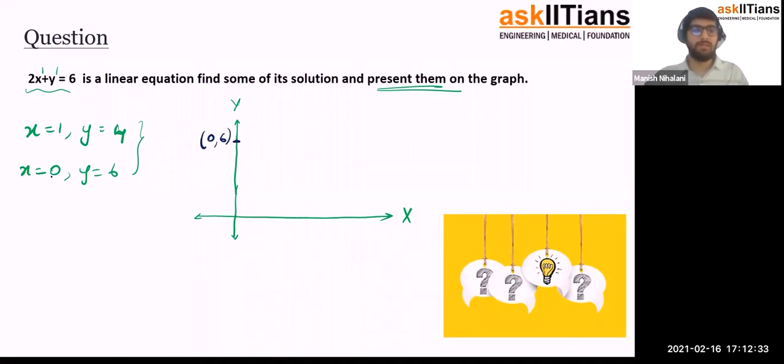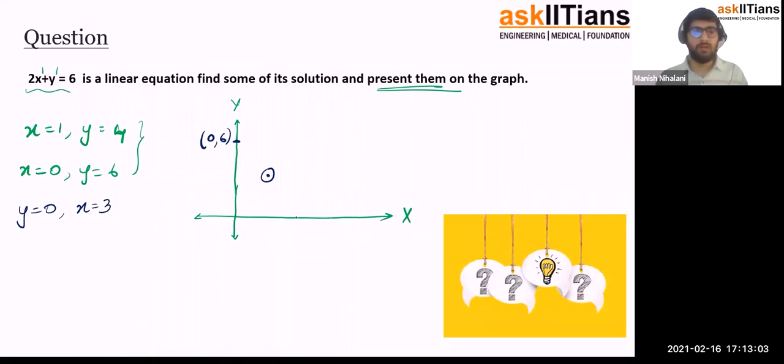When x is 1, y is 4. So when your x is 1, y is 4, like this, right? So this is your point 1 comma 4. Similarly, you can also consider one more point, that is when y is equal to 0, x will be 6 by 2, which is 3.